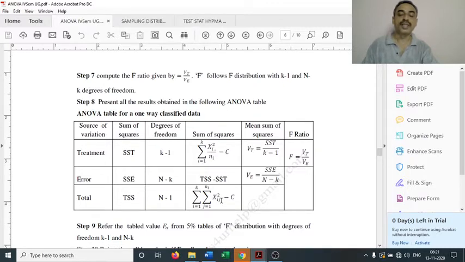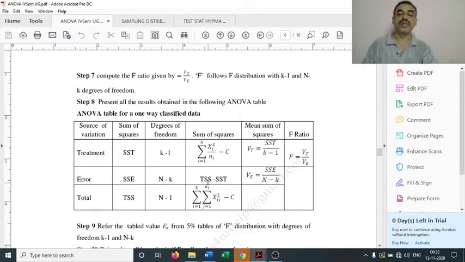Next we write the TSS, that is the total sum of squares, in this cell, and making use of these two entries, that is the total sum of squares and SST, we enter here the sum of squares due to errors, that is SSE, which is given by TSS minus SST. Also, you can check it by adding these two to see the value of the total sum of squares. So that completes all sums of squares from the given set of observations.